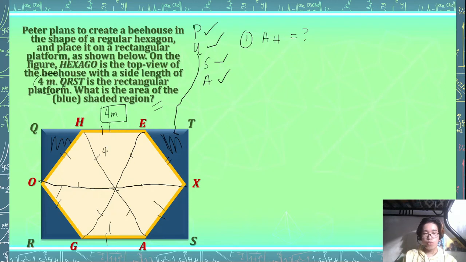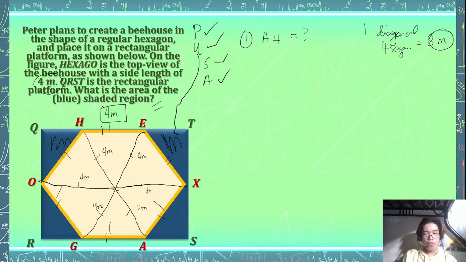So this must be 4 meters, this must also be 4 meters, 4 meters, 4 meters, and 4 meters as well. And we have seen that the diagonal of this hexagon is actually equal to 4 plus 4. So one diagonal of the hexagon is gonna be equal to 8 meters for this problem.